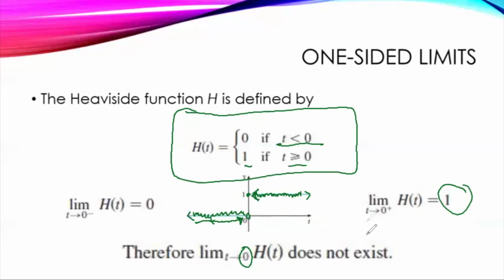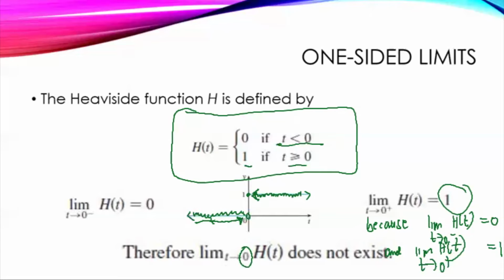The reason: the limit of h of t as t approaches 0 from the left is 0, and the limit as t approaches 0 from the right is 1, which means that 0 is not equal to 1. Therefore, the limit of h of t as t approaches 0 does not exist.